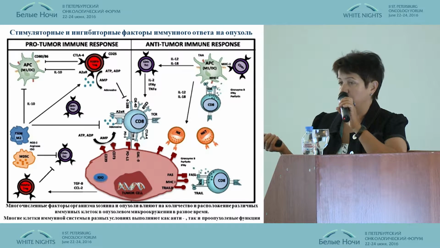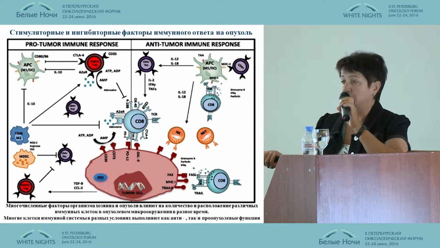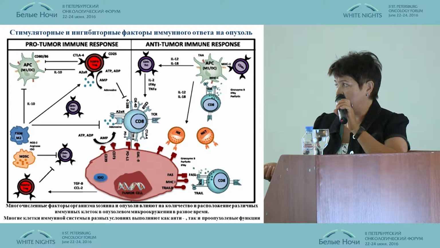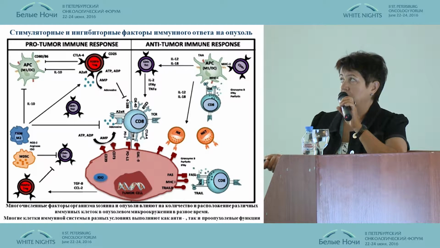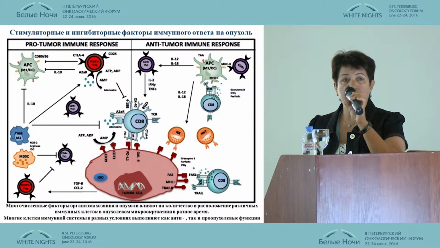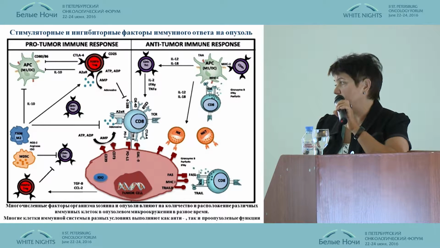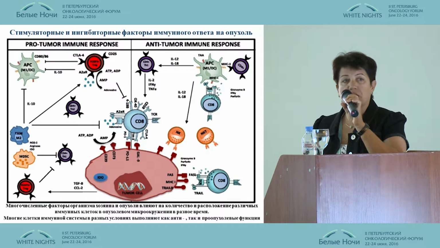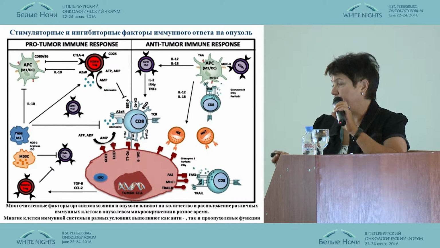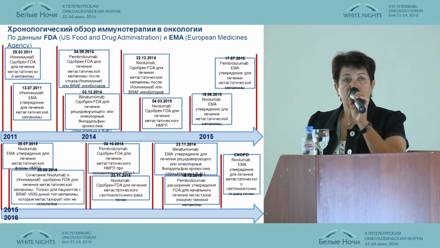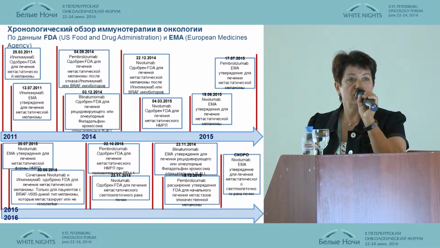So in the right part of the slide, you can see the process of the anti-tumor immune response and the activation of lymphocytes, cytotoxic lymphocytes, and also the components that correspond to the pro-tumor phenotype, as well as various factors of the host body that influence the layout of tumor cells. So cells can demonstrate both pro-tumor and anti-tumor functions at one time.